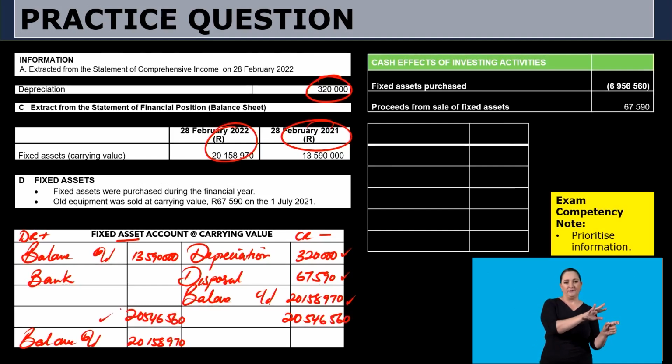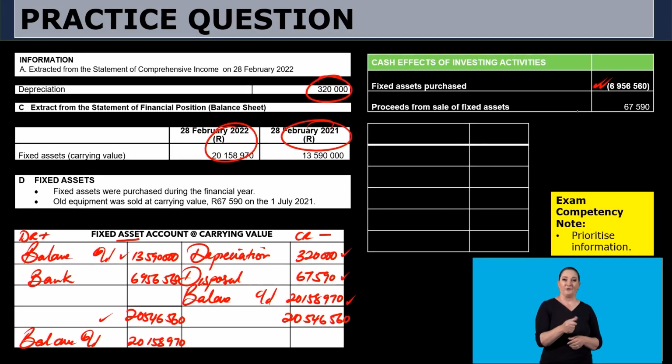Then I say this amount minus the 13,590,000. That's going to give you 6,956,560. This is how we got that amount there, the purchase of fixed assets.